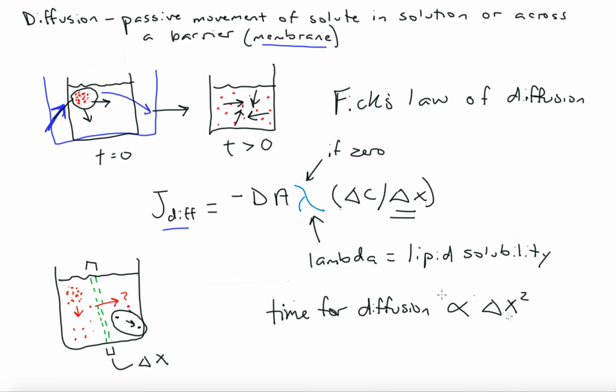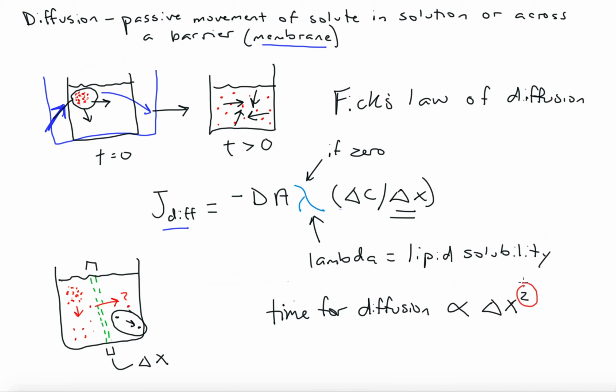And so instead of some time changing directly with delta x, it's still directly proportional, but we've got this exponent, right? Which means as delta x, as distance increases, the time for diffusion goes up exponentially, right?